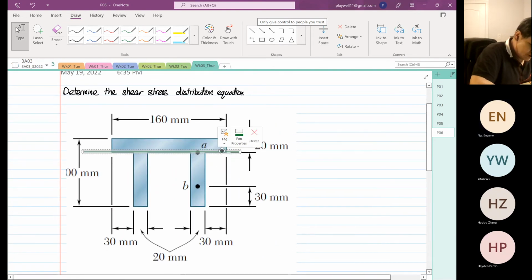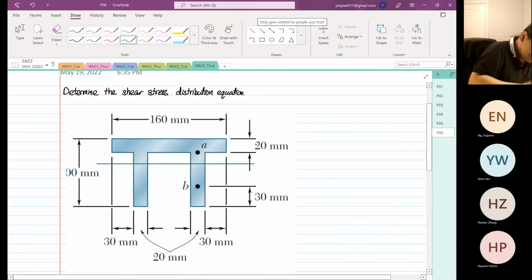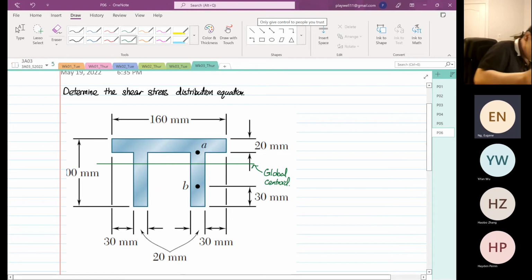So this is the global centroid. We are aware that the distance from here to here is 35 millimeters.